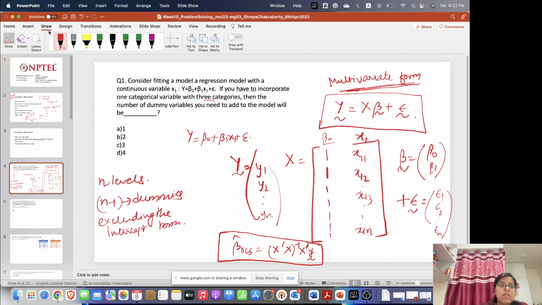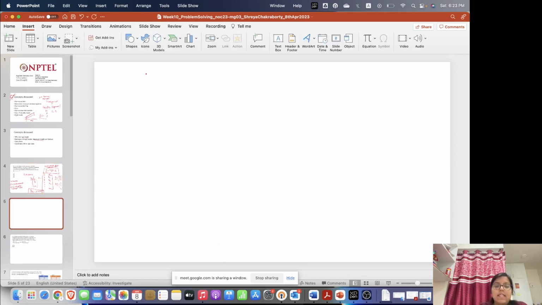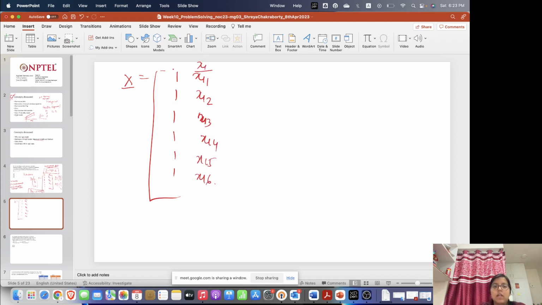What I mean is, let's say this is my X matrix where we have all 1s, and I'm taking 6 observations: x11, x12, x13, x14, x15, x16. This corresponds to the variable x1, and this column corresponds to beta naught.